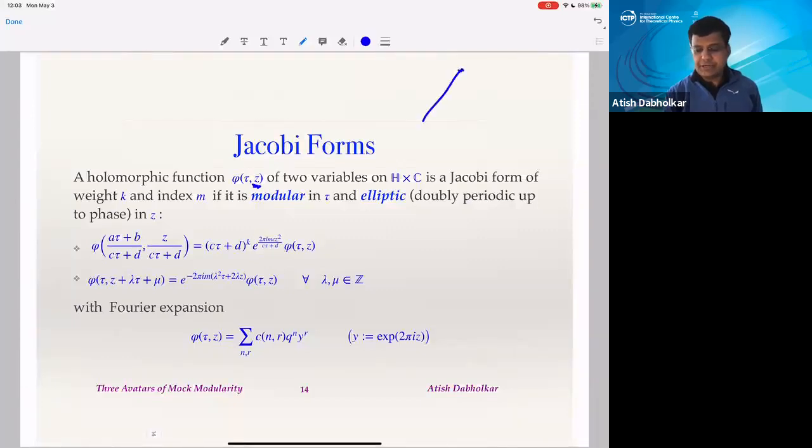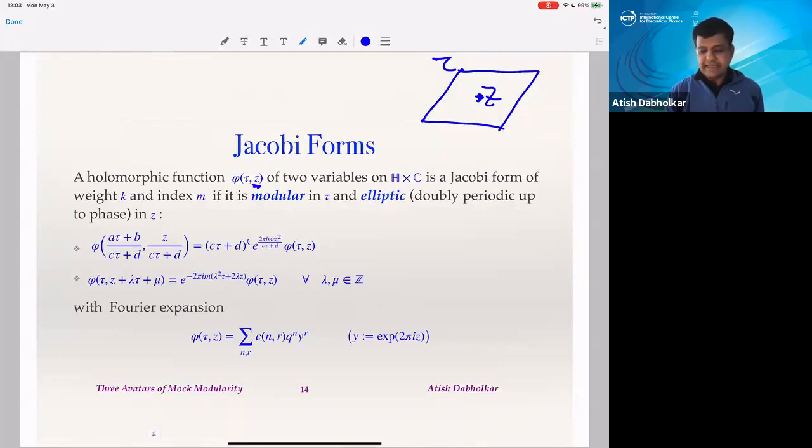One way to think about it is that if you have a toroidal world sheet, and this is a tau parameter, then you can think of z as a coordinate on the torus. Sometimes you can define a function, a trace, on a torus with something inserted at z, and that object comes out to depend on tau and z. So it's a function of two variables. It's a Jacobi form of weight k and index m.